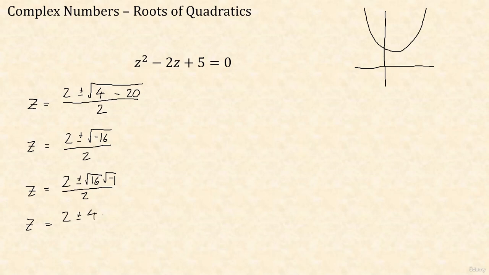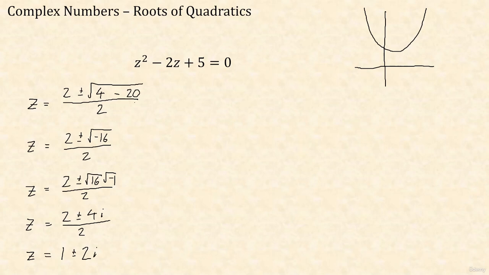What's the square root of negative 1? It's i, all over 2. And of course, finally, 2 over 2 is 1, plus or minus 4 over 2 is 2. So there we go. There are the two roots of this quadratic equation. It's 1 plus or minus 2i. And that's why it didn't cross the x-axis. Its two roots were complex.